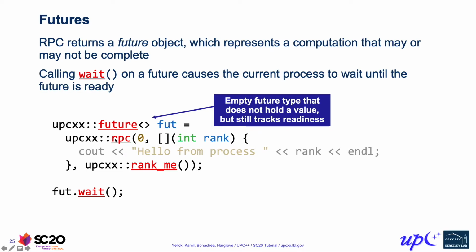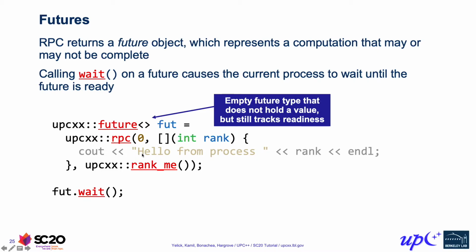So if we actually break up this RPC call, so previously we called wait directly on the result. If we just take the result of the RPC call itself, what we get back is a future over here. And a future is actually parameterized by 0 or more value types. In this case, for RPC, the actual argument type is the return type of the function.